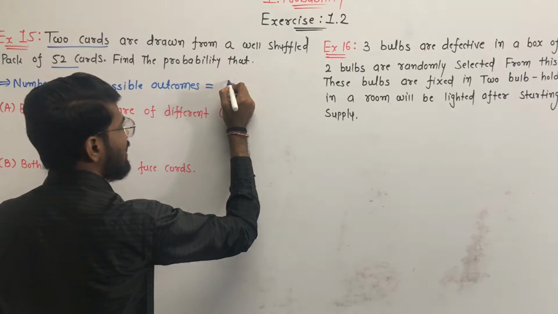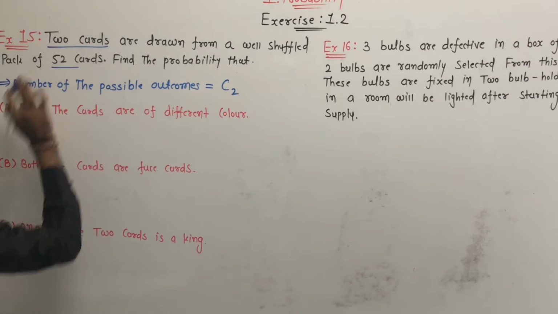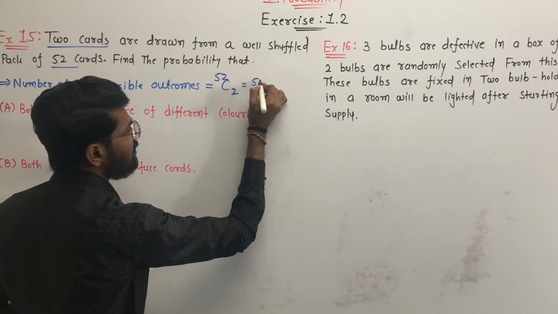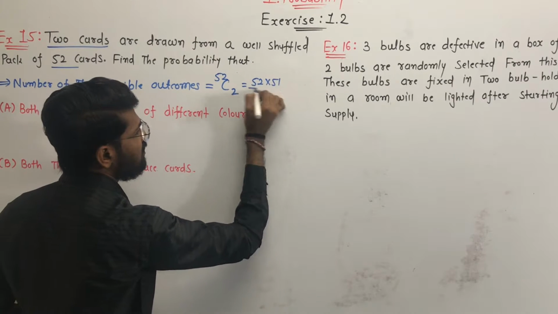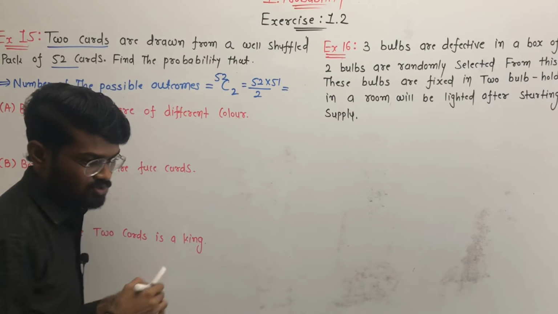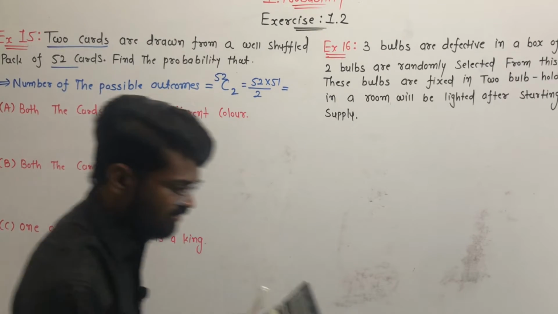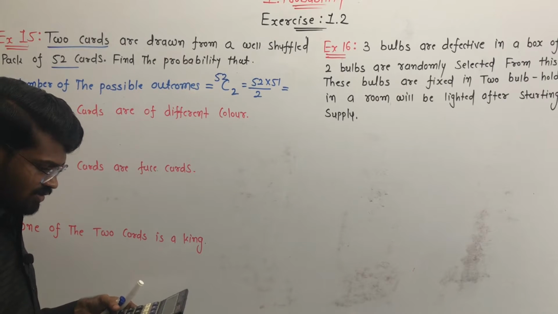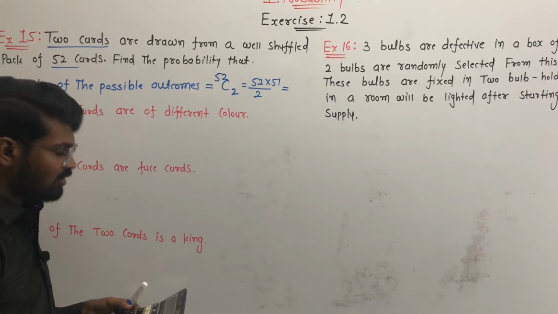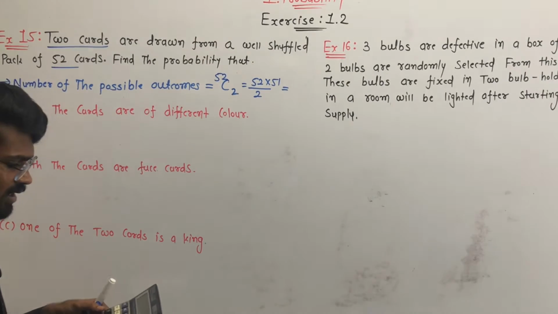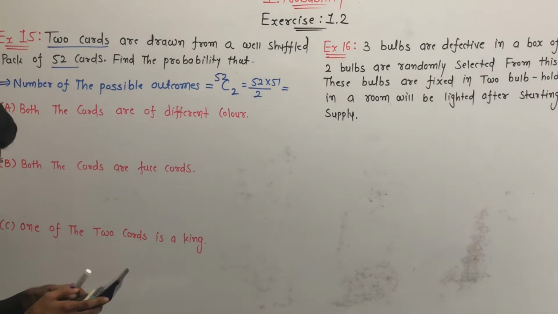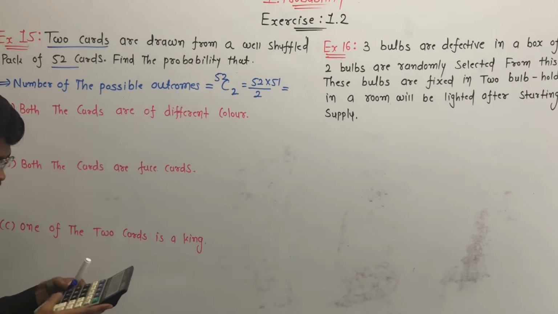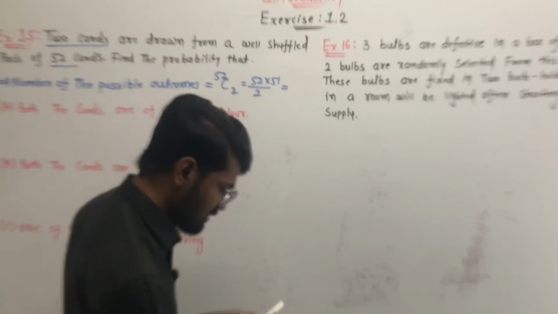We have to select 2 cards out of the 52 cards, so it will be 52 multiplied by 51 upon 2, which is equal to 1326.